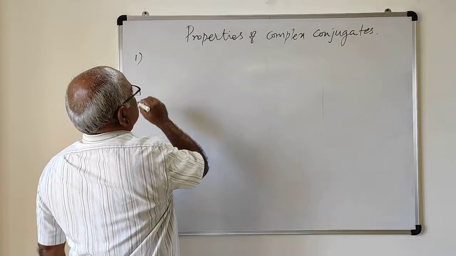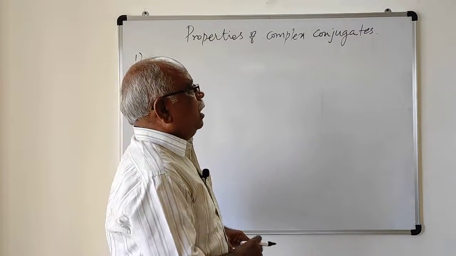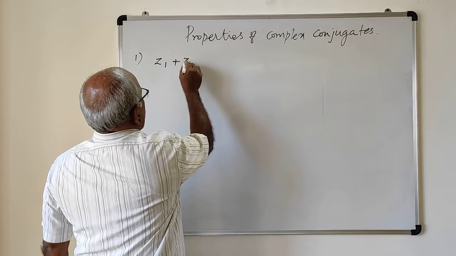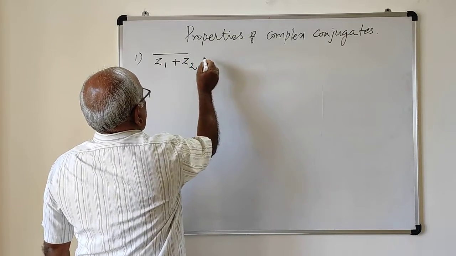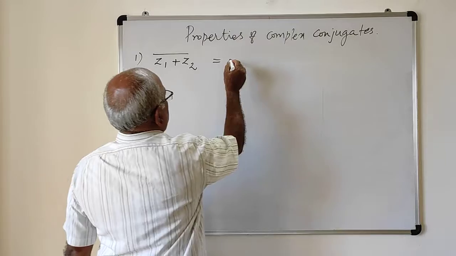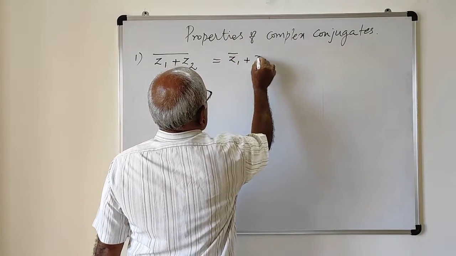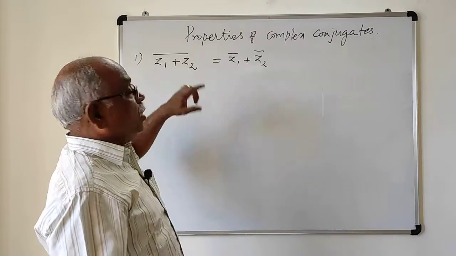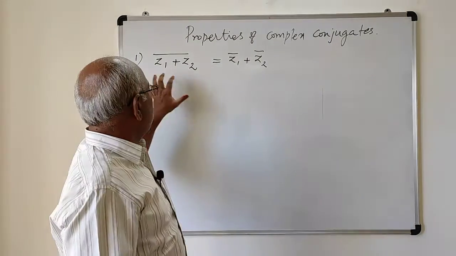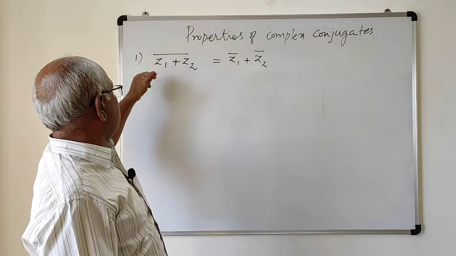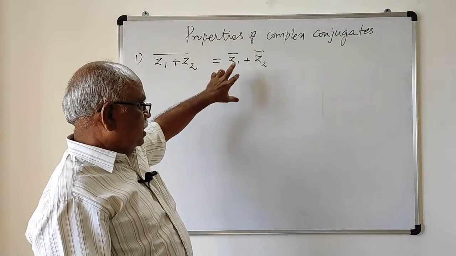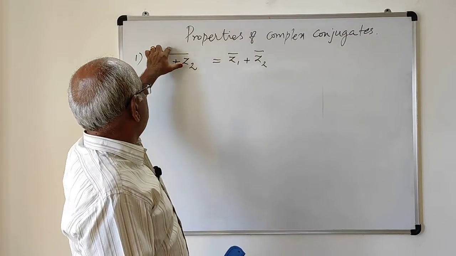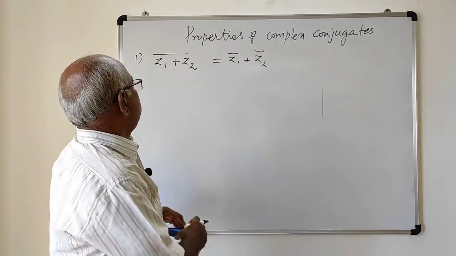First property: if Z1 and Z2 are any two complex numbers, then the conjugate of Z1 plus Z2 equals Z1 bar plus Z2 bar. This is the first property. The conjugate of the sum of two complex numbers is the sum of the conjugates.